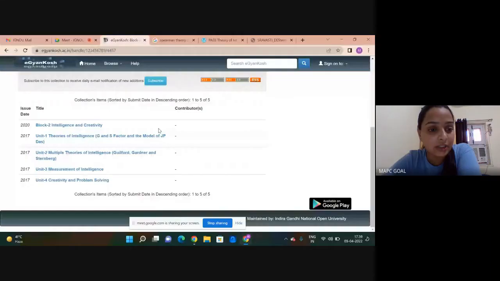And I hope you're investing your time in reading the notes that we have discussed so far. So block 2 is about intelligence and creativity. In this block 2 also we have 4 units. Unit 1 is theories of intelligence. In this unit 1 we are going to see the G and S factor given by Charles Spearman, and the model of J.P. Das, Kirby, Naglieri.